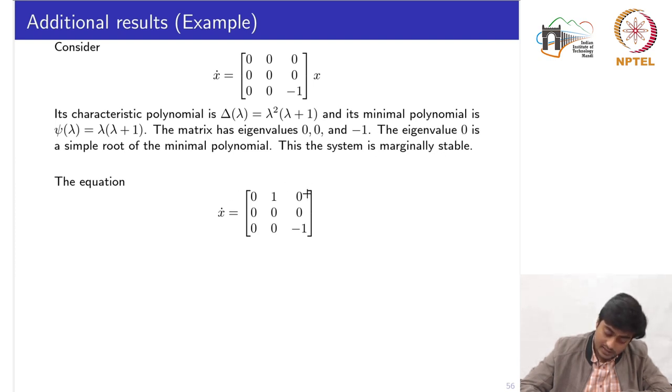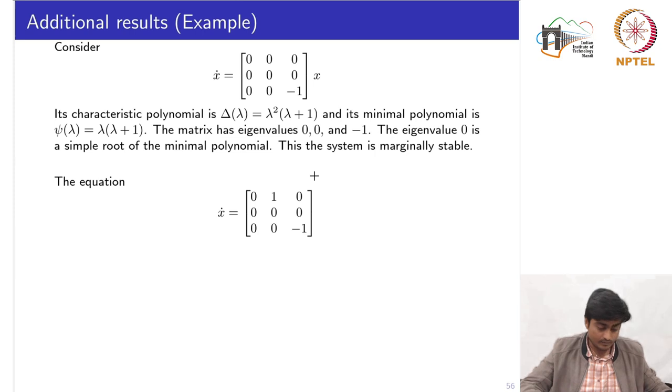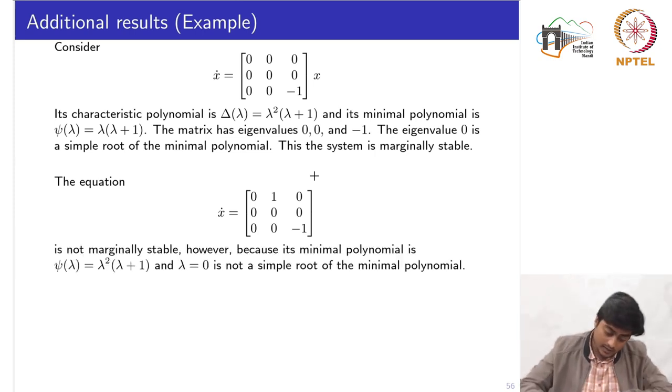Now consider another example where instead of 0 I replace it by 1, otherwise the matrix remains the same. Sorry, here it should be x. If I compute the characteristic polynomial for this matrix, it is again equal to this one.